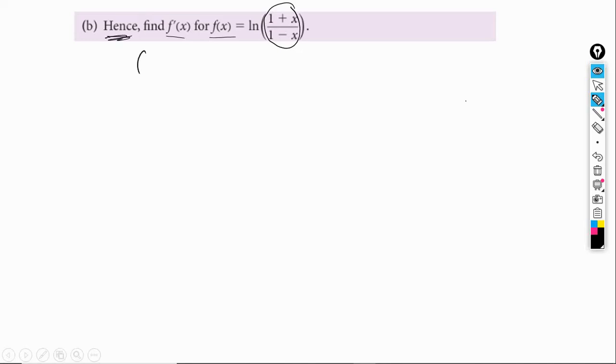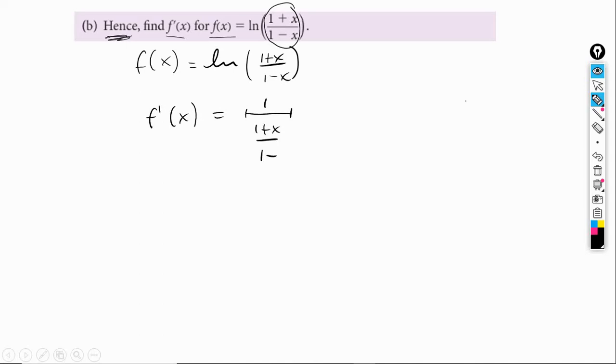So if f of x is the natural logarithm of 1 plus x over 1 minus x, then the derivative of that is going to equal 1 over this expression, 1 plus x over 1 minus x. And applying the chain rule, I have to multiply this by the derivative of the inside of this expression here, which we found was 2 over 1 minus x squared.